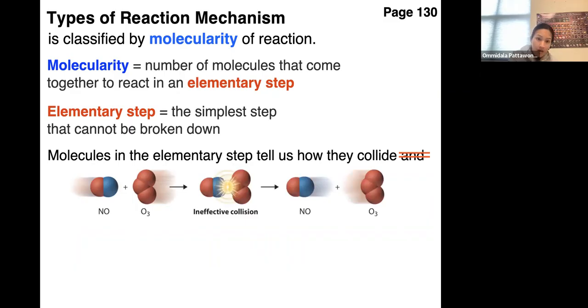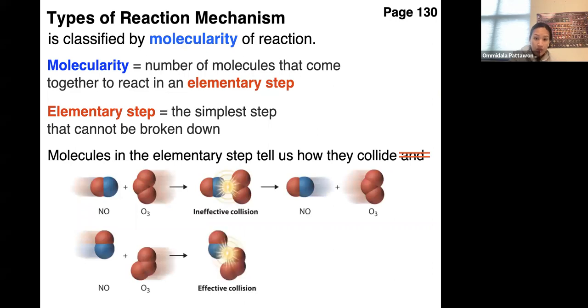Some collisions might lead to an effective collision, which leads to the desired product that we want. Each of these ways they collide is what we refer to as an elementary step. It tells us how they collide.